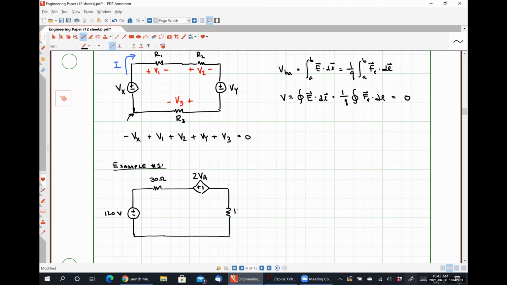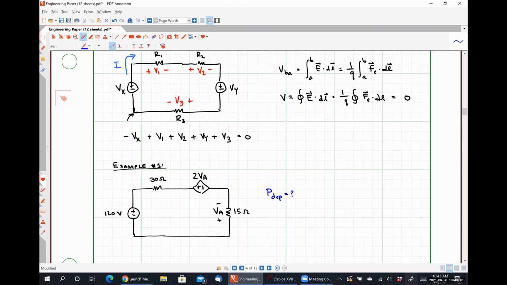And I have a 15 ohm resistor like so, where VA is defined to be the voltage drop across the 15 ohm resistor with a positive polarity on bottom. My ultimate goal in this particular problem is to determine the power absorbed by my dependent source. Okay.